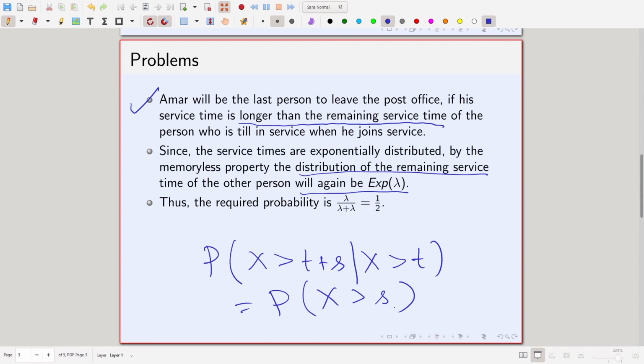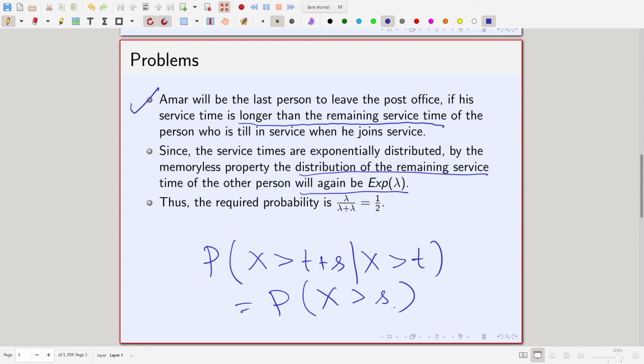So now, Mr. Amar has exponential lambda distribution, and the other person's remaining service time also has exponential lambda distribution. Now you want Mr. Amar's time to be higher than the service time of the other person. So basically you want the other exponential to be the minimum among the two exponentials.